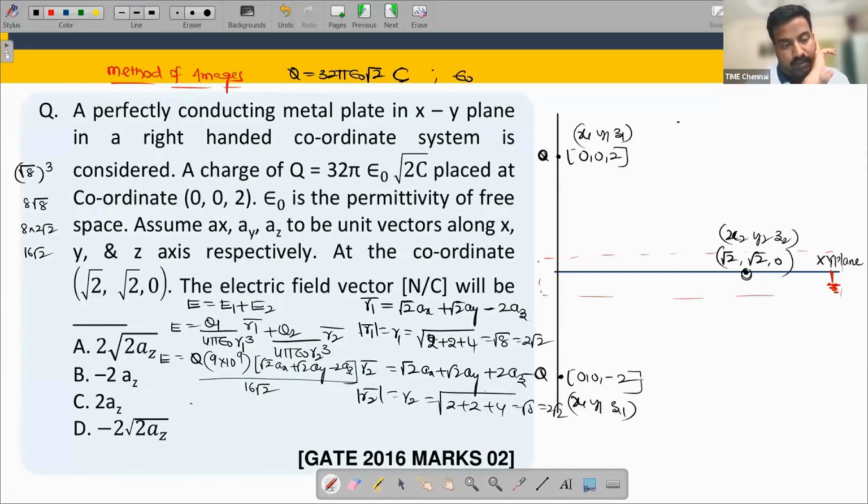Plus Q2, that's plus minus Q, 9 into 10 power 9, R2, root 2 ax plus root 2 ay plus 2 az, by 16 root 2.